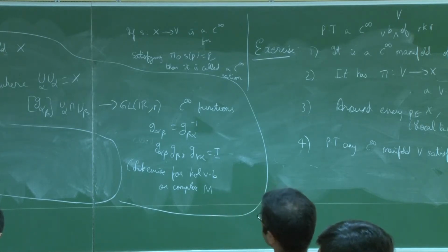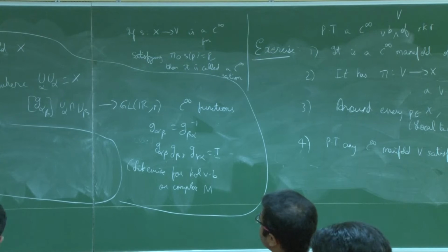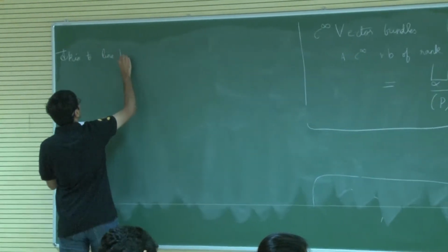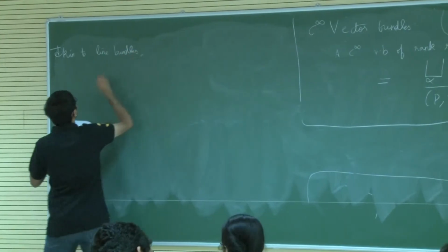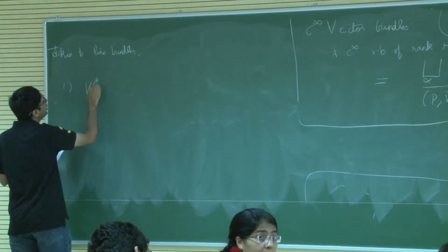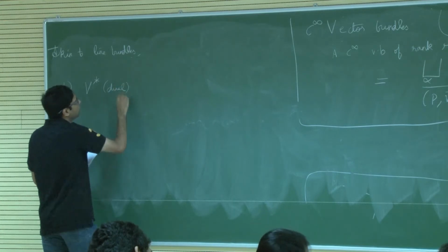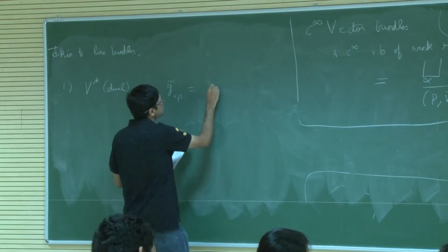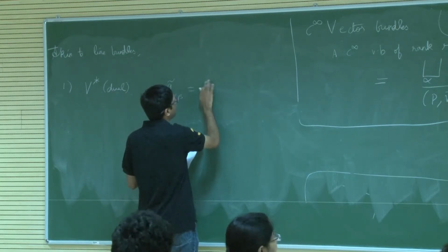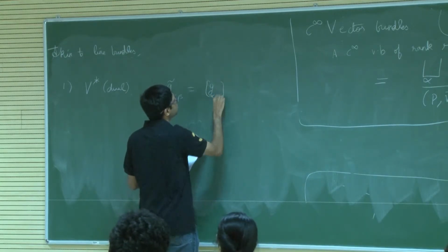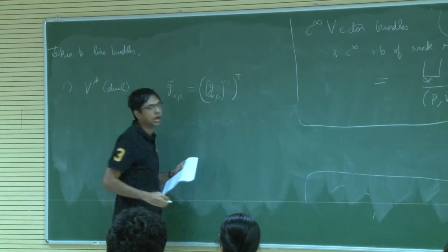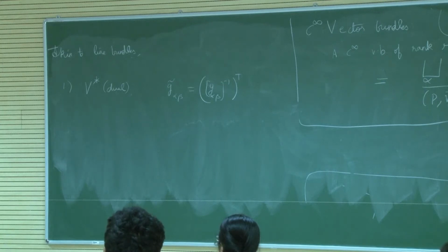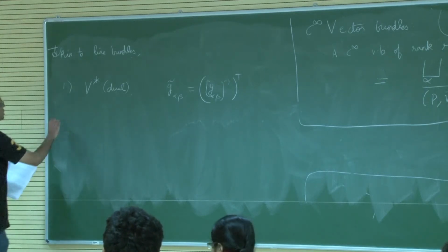So akin to line bundles, one can define V star, the dual, by means of transition functions G_alpha_beta inverse transpose. For line bundles, there's no transpose because you just have one number, right? It's a 1 cross 1 matrix.